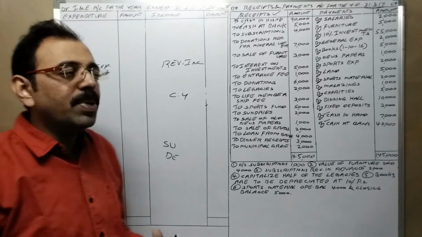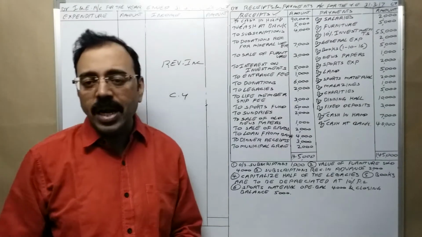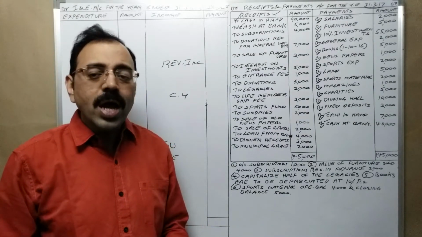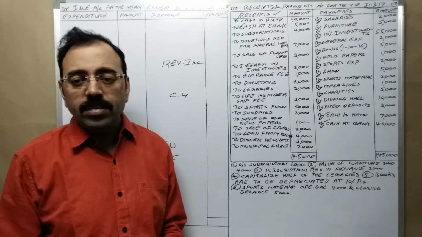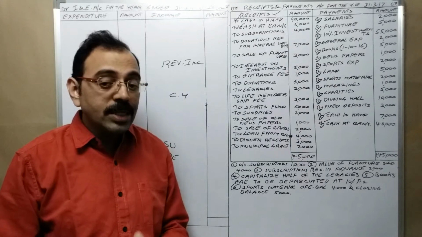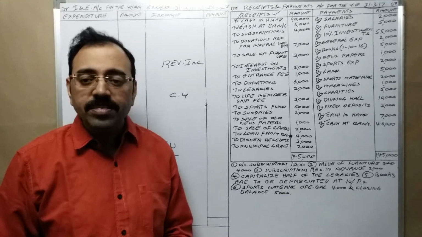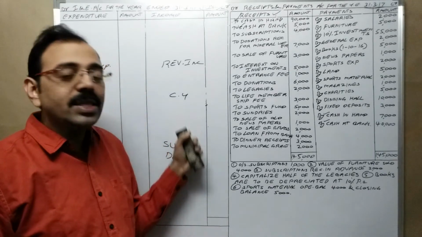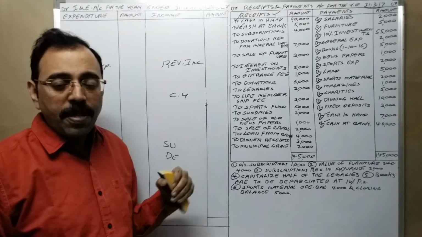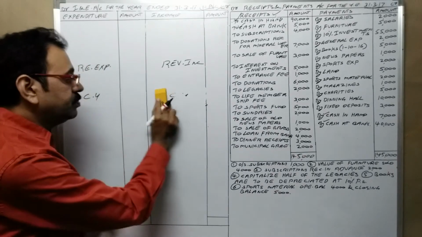What is meant by surplus and deficit? I will explain later. To know the current year result, only current year incomes and expenses we should consider, not the previous year and next year. That is why we should deduct them. Clear? Next.